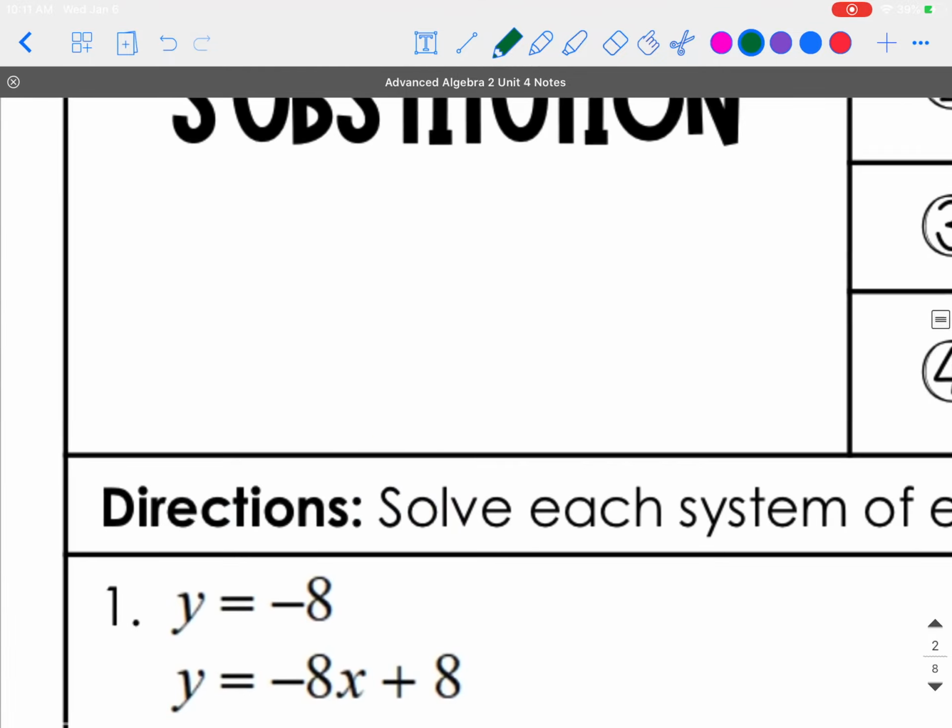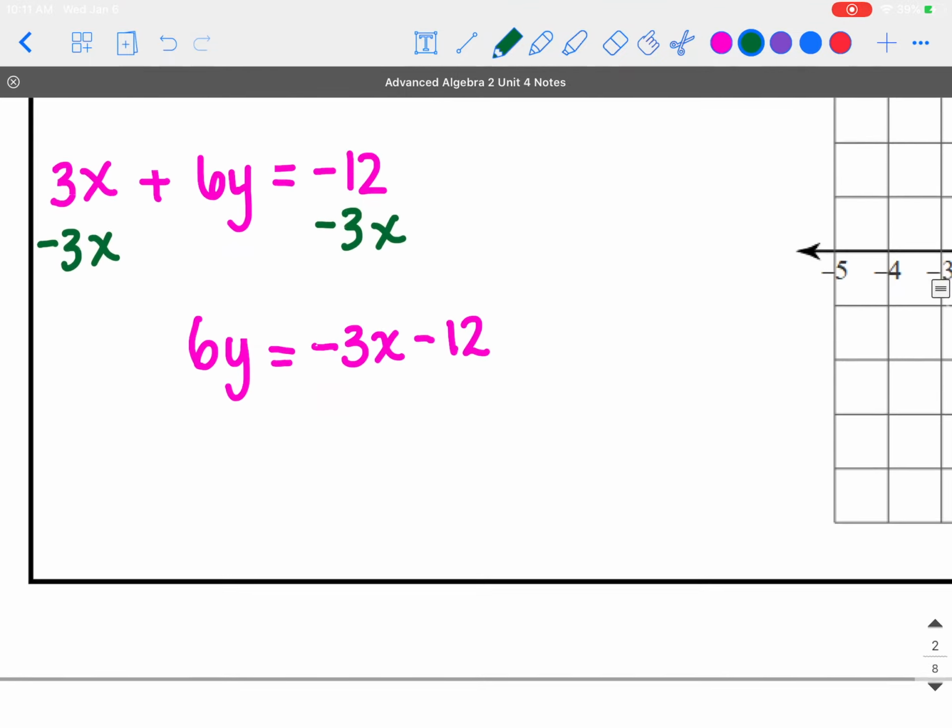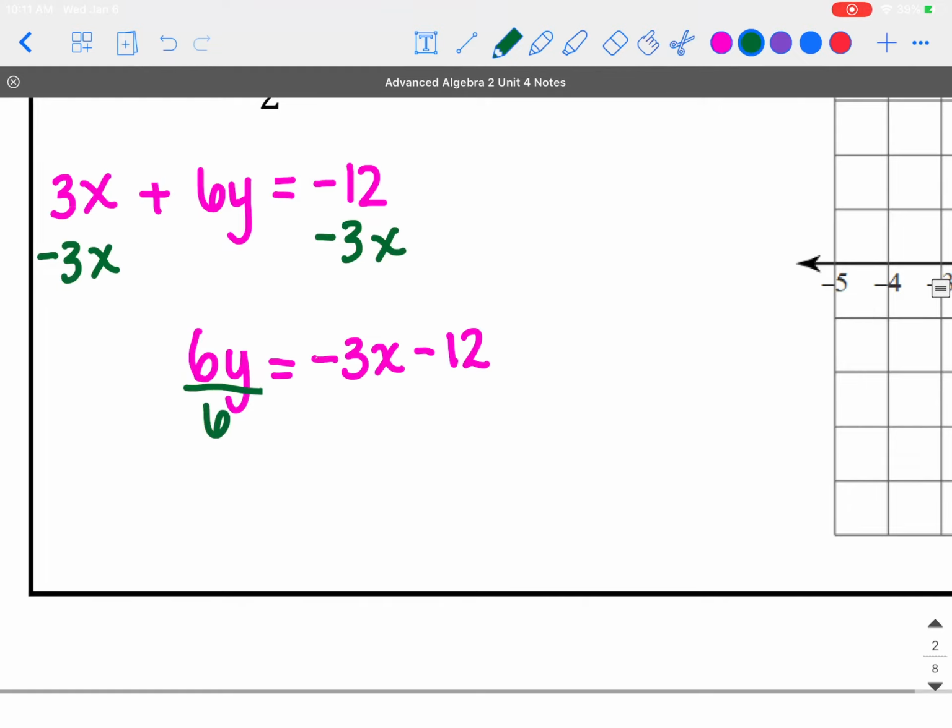And then divide by 6. And we get y equals negative 1/2 x minus 2.